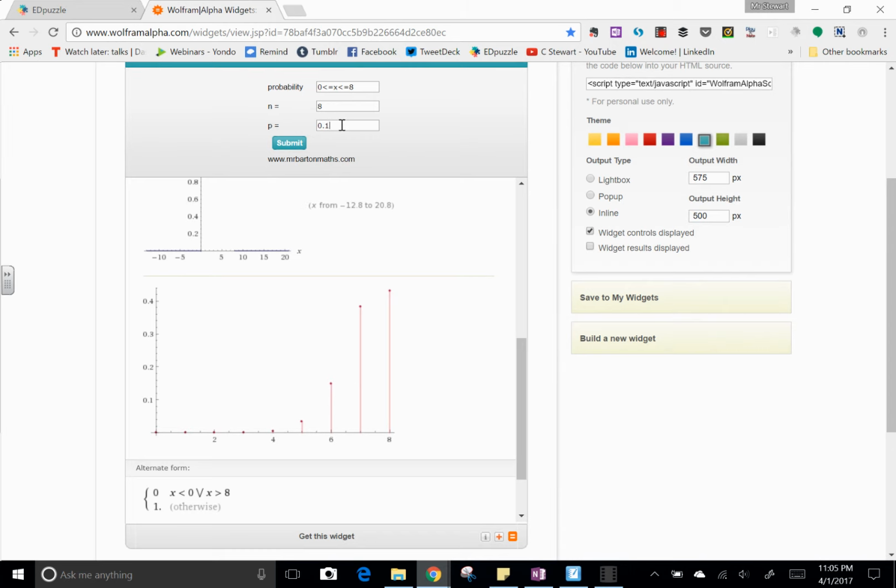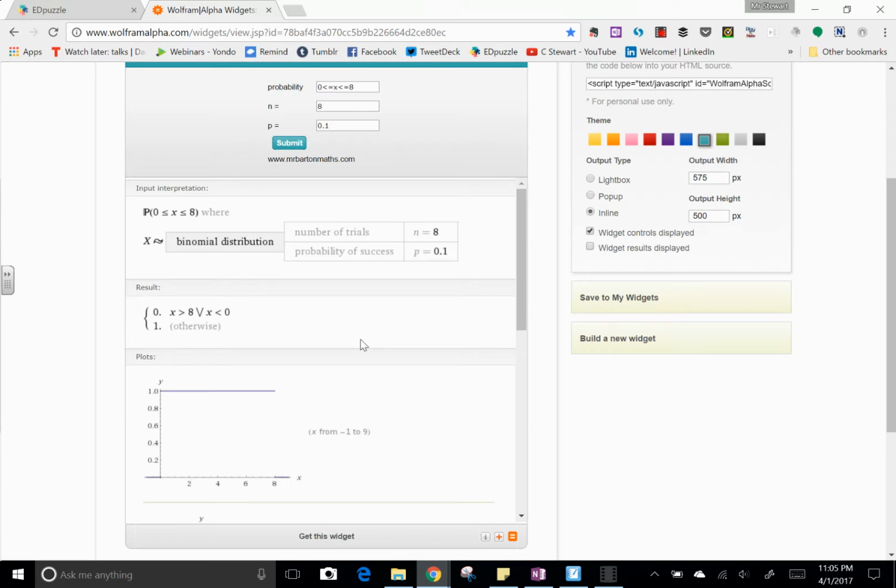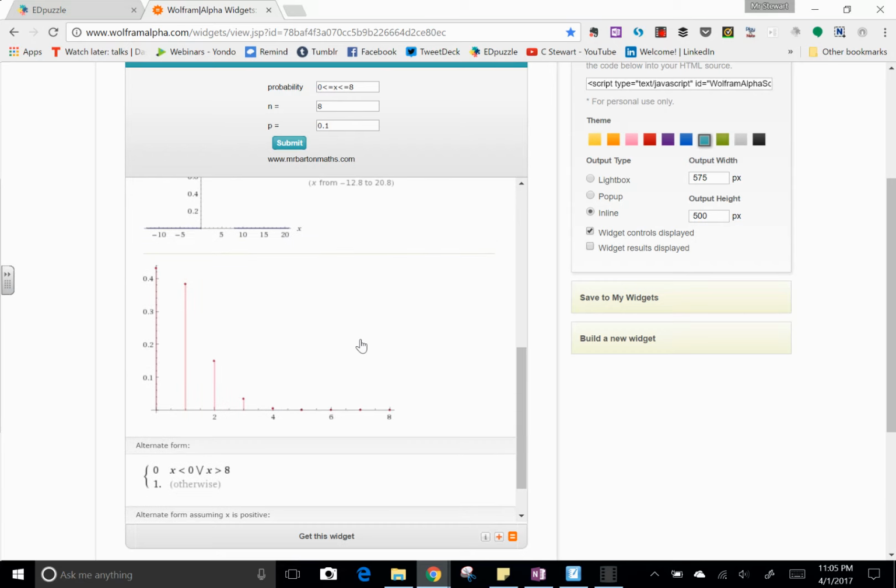Conversely, if we were to use a 0.1 value, let's submit that and see. We should anticipate what we would call a right skew. With a lower success rate, it makes sense intuitively that the most probable number of successes would be 0, followed by 1, then 2, then 3, and very low probabilities that you would see all 8 patients recover with that success rate.